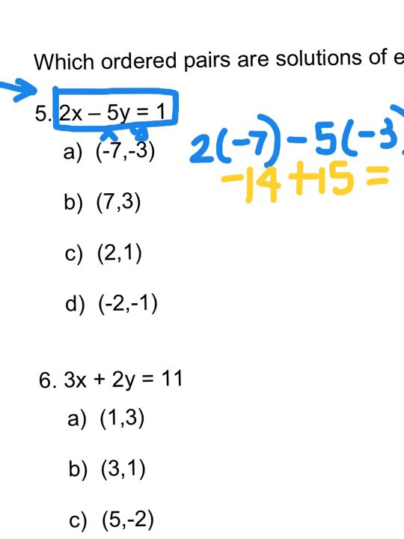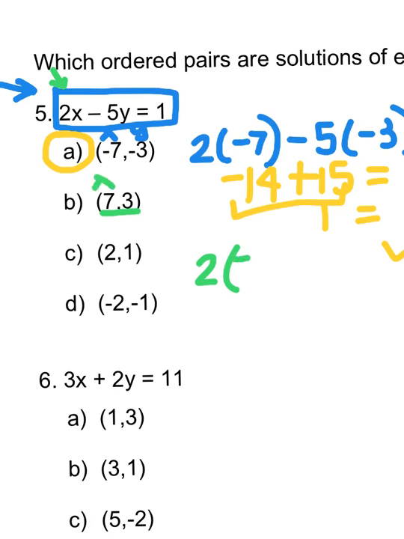If it's false, it is not a point on the line. So this happens to be true because 1 does equal 1. Since it's true, then (-7, -3) is a point on the line. Let's do the next point, (7, 3). So I'm going back to this equation, 2 times our x value, which is 7, minus 5 times our y value, which is 3.